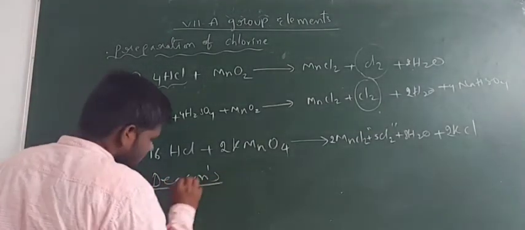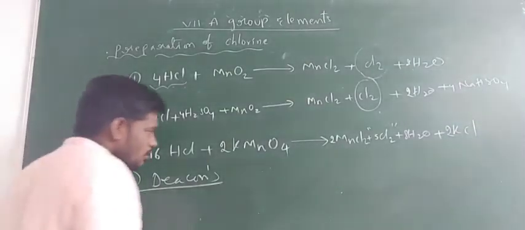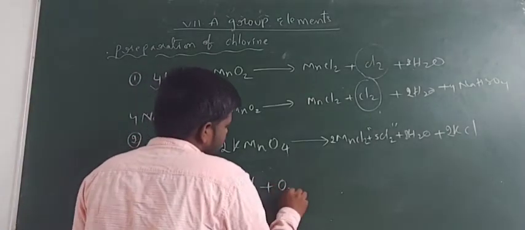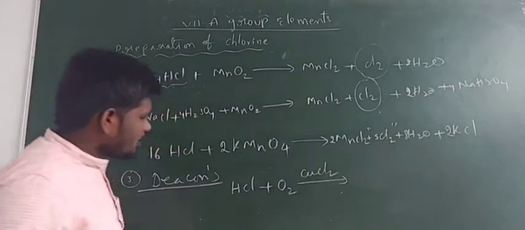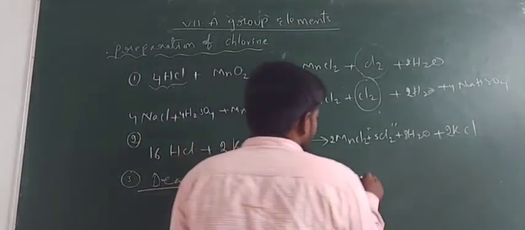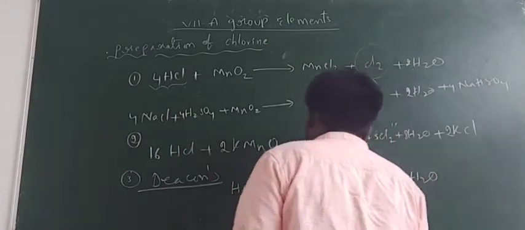The Deacon process means the preparation of chlorine gas by the oxidation of HCl in the presence of a catalyst, that is CuCl2. So in the presence of CuCl2 catalyst, HCl is treated with O2, we can get here Cl2 gas, and the next one we can get H2O here.